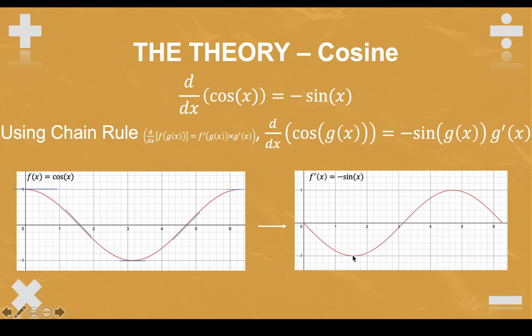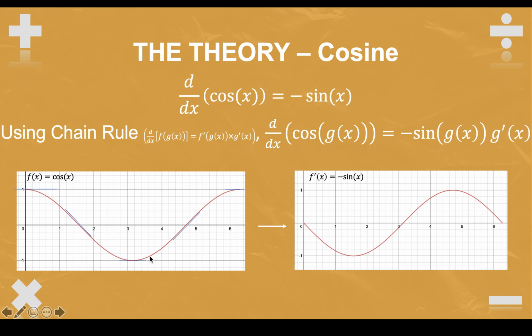At x equals pi on 2, the gradient becomes -1, so the derivative becomes -1.